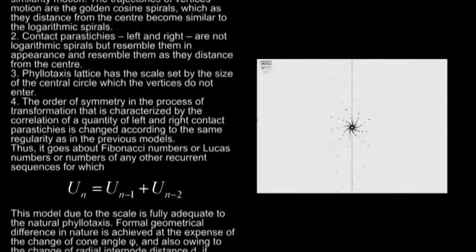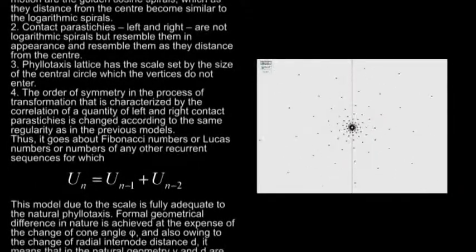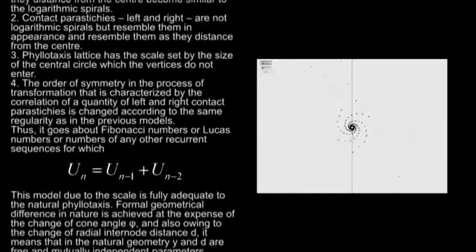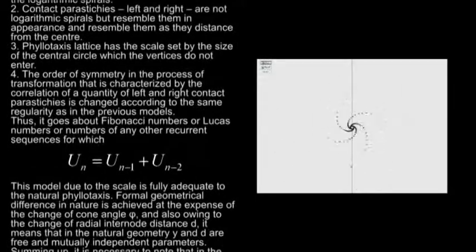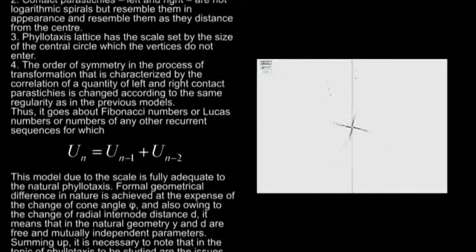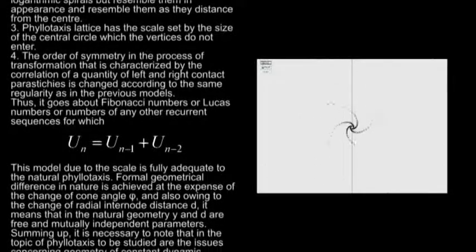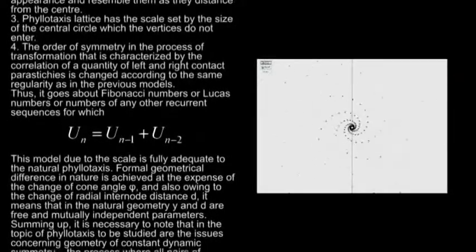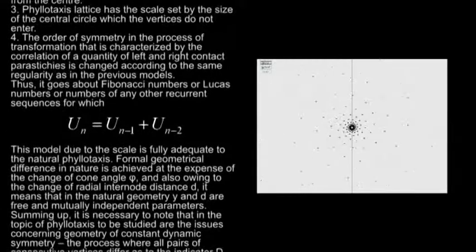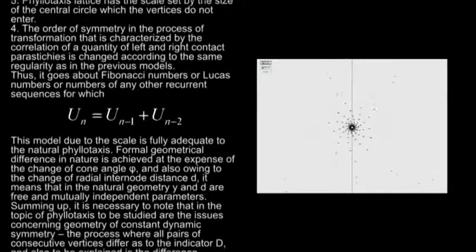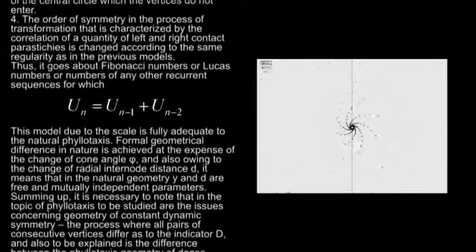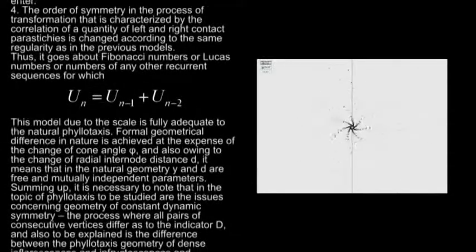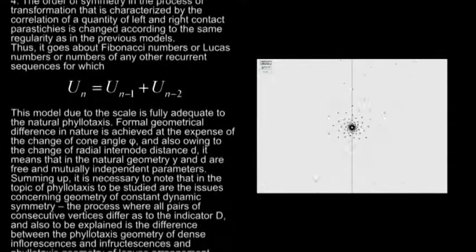The order of symmetry in the process of transformation, characterized by the correlation of the quantity of left and right contact parastichies, changes according to the same regularity as in the previous models. Thus, it goes about Fibonacci numbers or Lucas numbers or numbers of any other recurrent sequences.